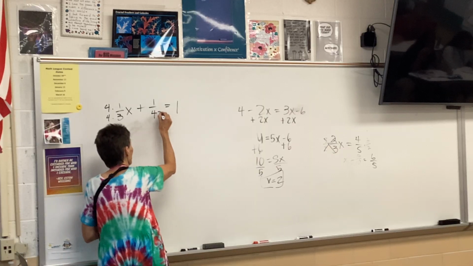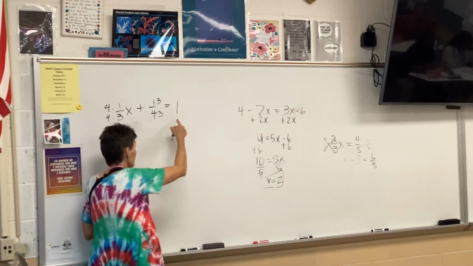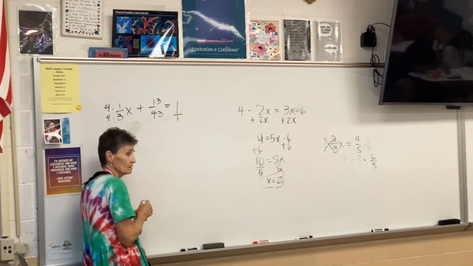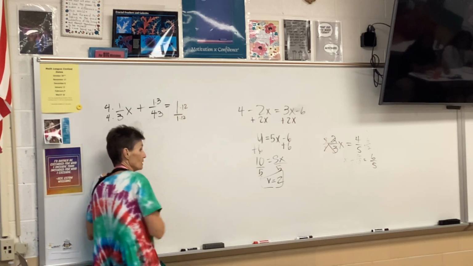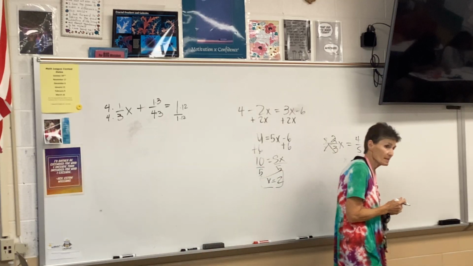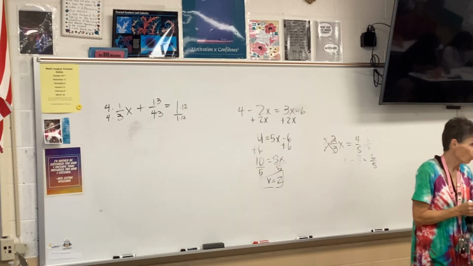This one, we're gonna times by 3. And this one, you might say, oh, it's not even a fraction. Yes, it is. So this one has to be times by 12. The whole problem has to have the common denominator. Now, does everything have a 12 in the bottom now? Yes.